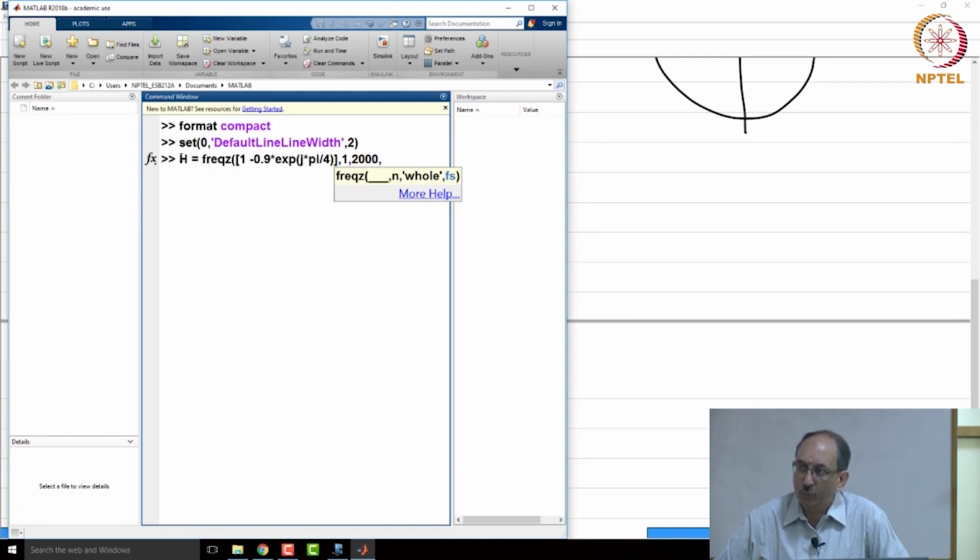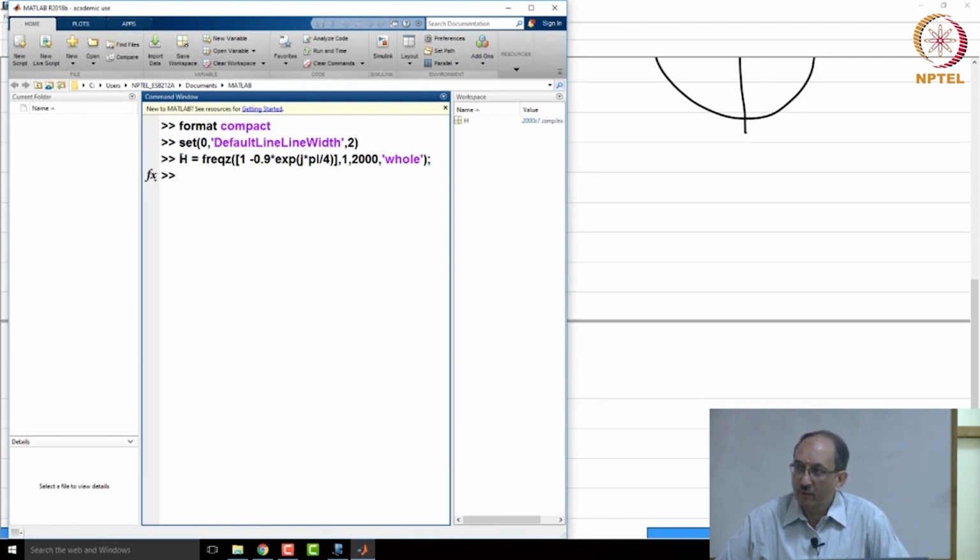So, 0 to 2 pi, 2000 points are going to be used for evaluation, and then I have to say whole. So, this is the frequency response of this particular simple minded system, and now I need to plot the magnitude response.